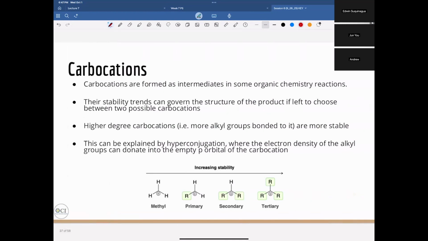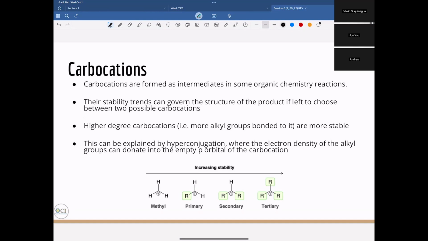And as the name suggests, it's a carbon cation, meaning it's a carbon that's going to bear a positive charge and it's electron deficient. Carbocations are very important because when we do a lot of reactions and mechanisms, you will form carbocation intermediates. And based on the carbocation, you can make other carbocations where the positive charge on the carbon can shift to other areas.